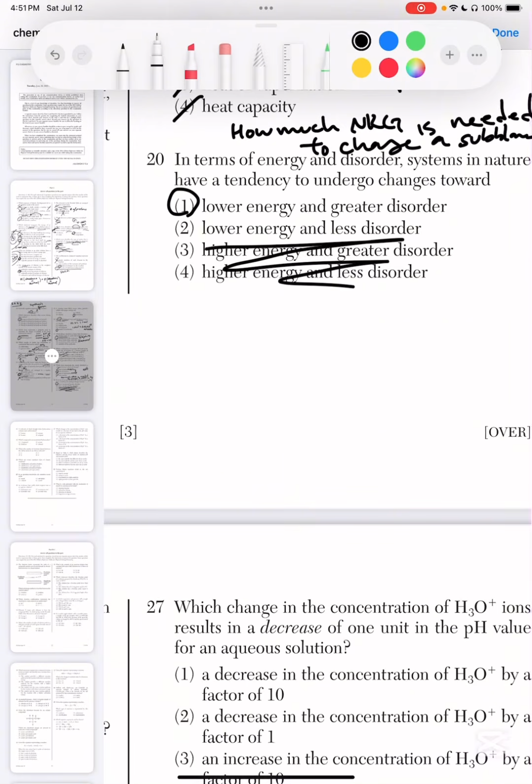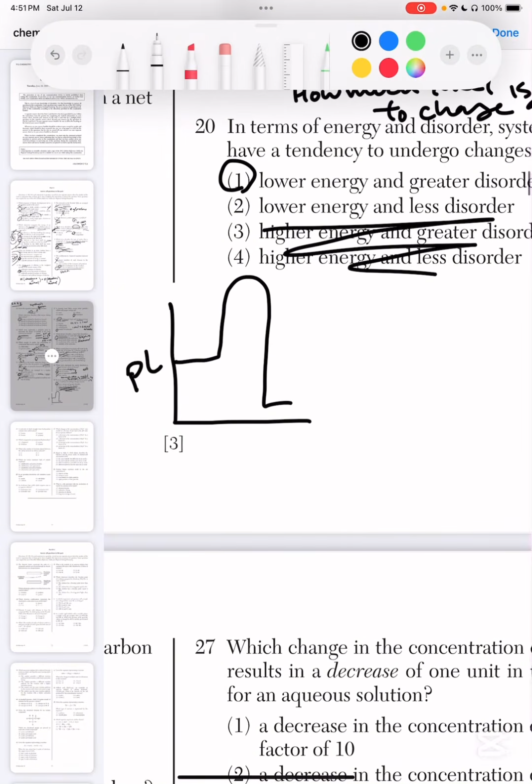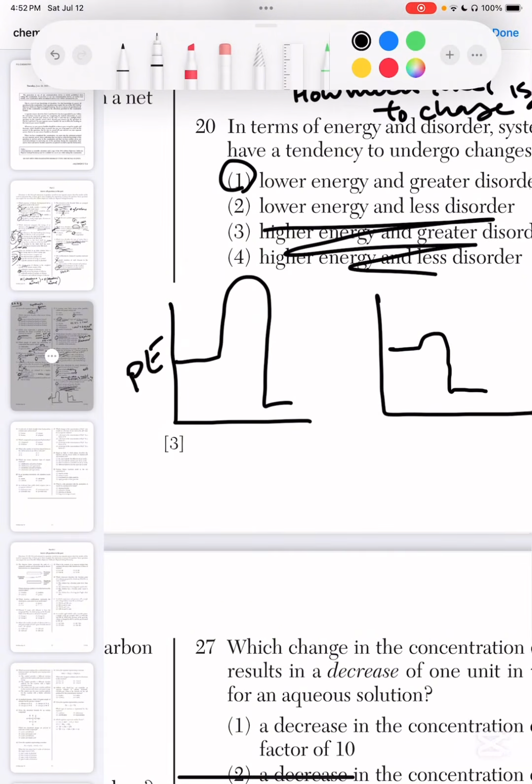And then in terms of lower energy, I like to think of it like, say you have two reactions. This is the potential energy diagram for one of them, and this is the potential energy diagram for the other. They're both exothermic, but which reaction would you consider more spontaneous?